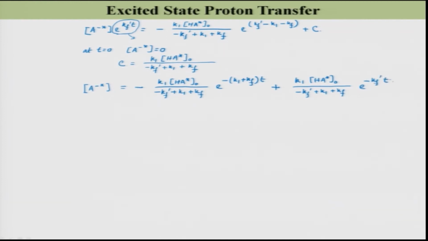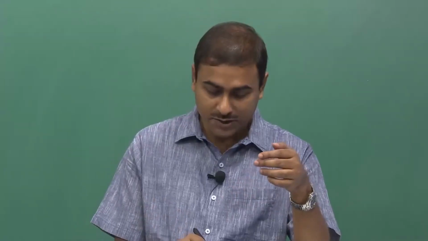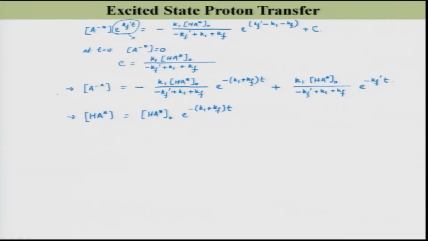Earlier what we have seen? Earlier we have seen how HA star was decaying with time, and we got this formula HA star equal to HA star 0 e to the power minus K1 plus Kf into T. So, this is how the fluorescence intensity of HA star is changing with time, and this is how the fluorescence intensity of A minus star is changing with time.